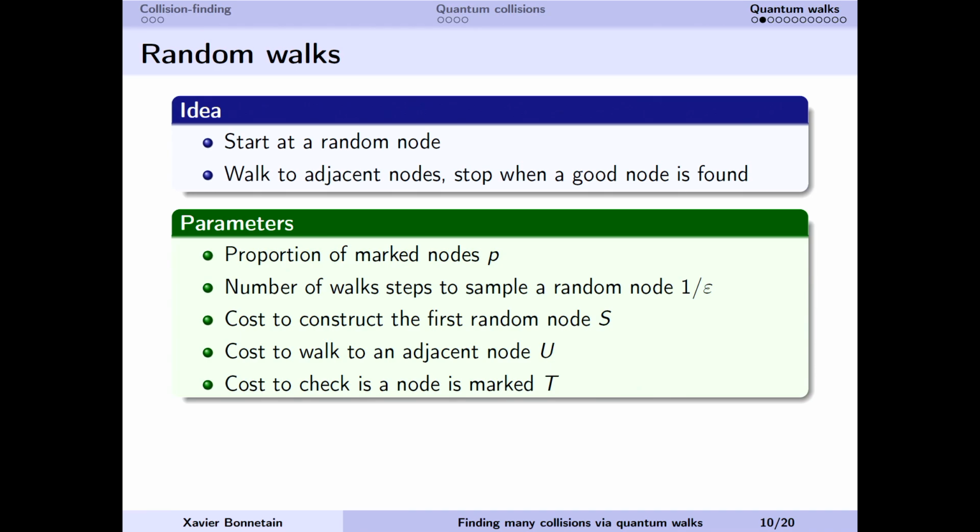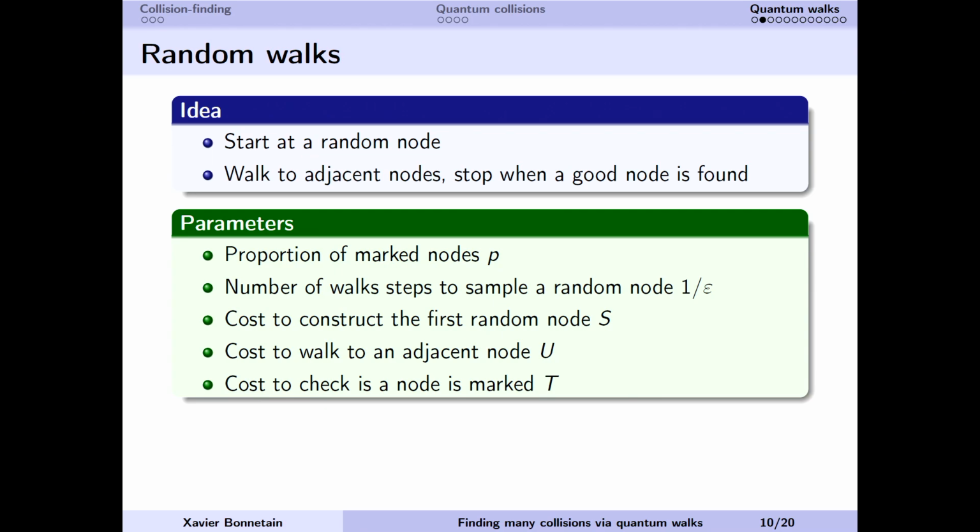The thing to have in mind is that it represents the number of steps of a walk you need to do to go from one node to any other node. So if you walk 1/epsilon times, you can reach any node in the graph.